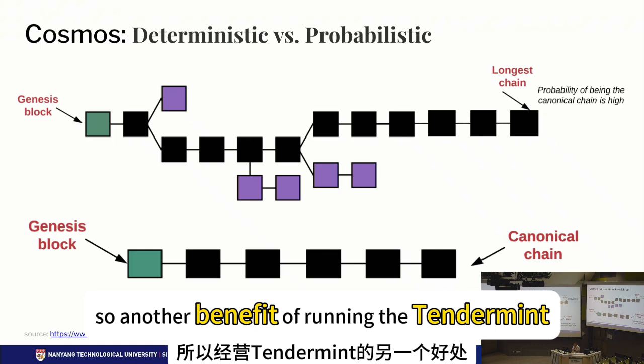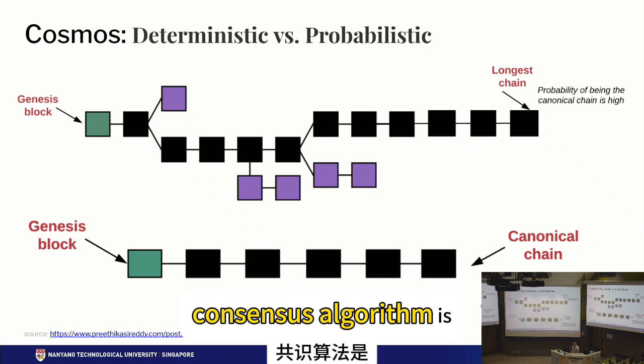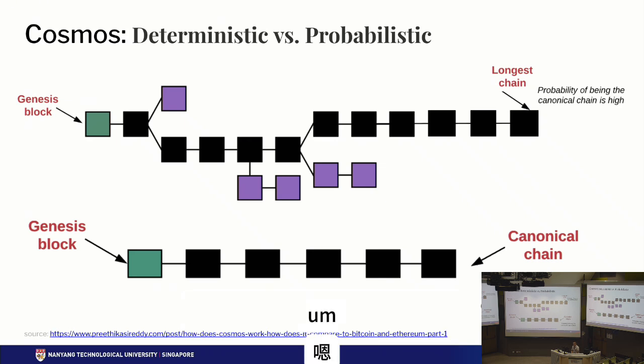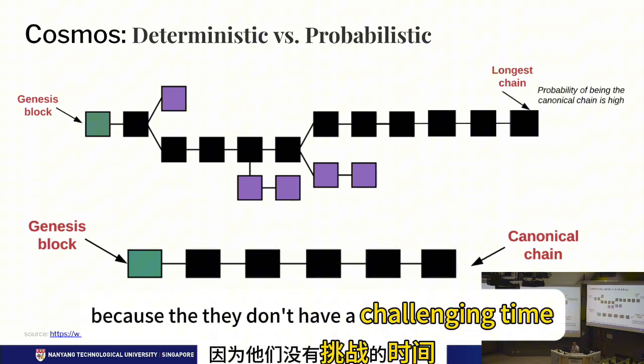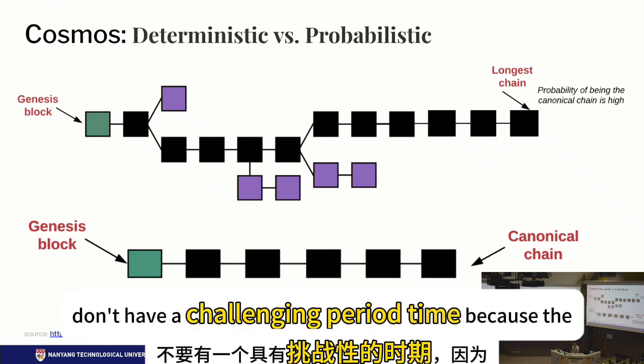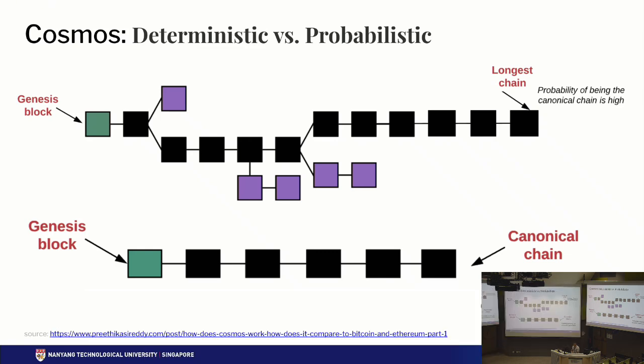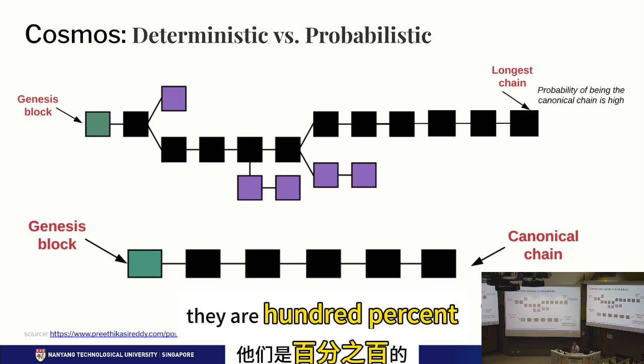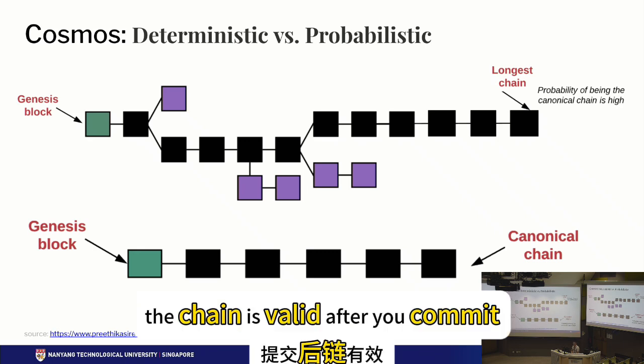Another benefit of running the Tendermint consensus algorithm is that there is no challenge period, because the chain is 100% valid after you commit.